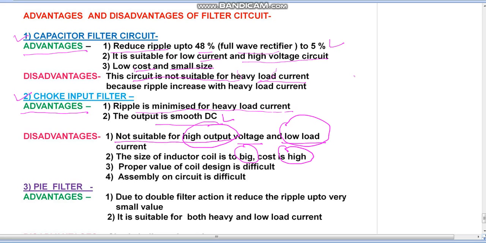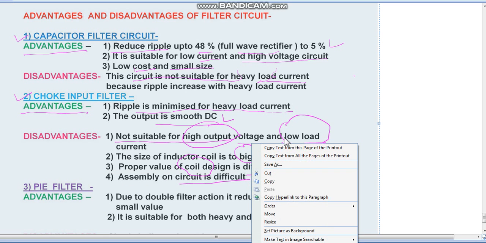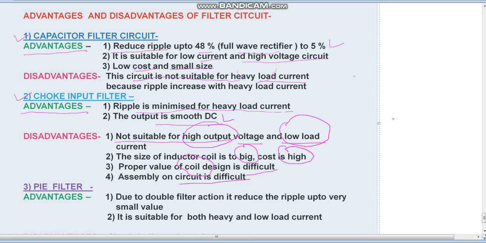That is also a disadvantage. The proper value of coil design is difficult. That is also a disadvantage. Assembly of the circuit is difficult as compared to the capacitor filter circuits. So those are the disadvantages of the choke input filter circuits.